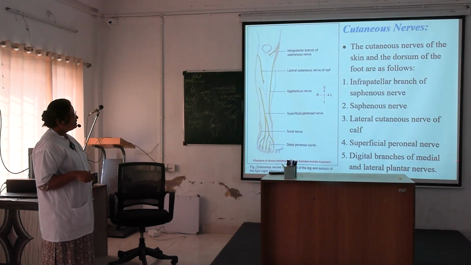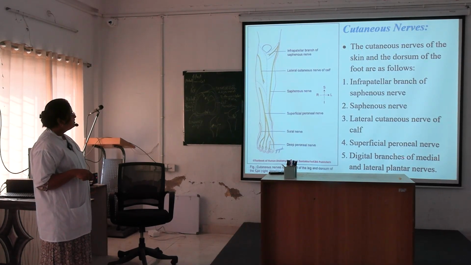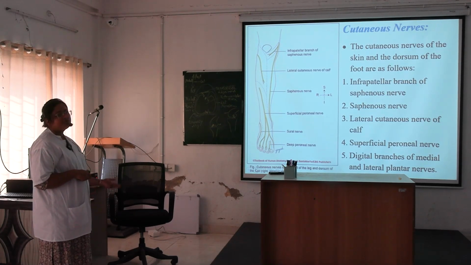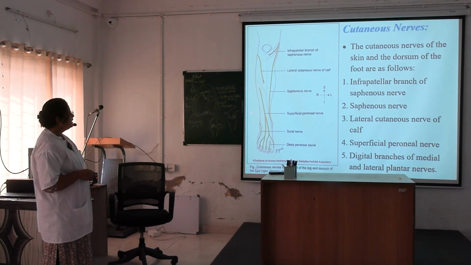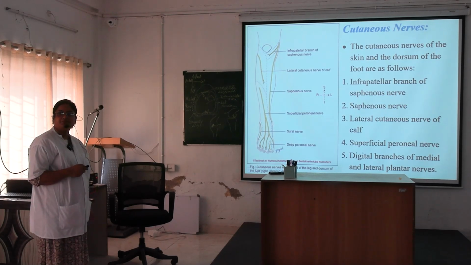Digital branches of medial and lateral plantar nerves are supplying this part near the tip of the toes, coming from the sole of the foot. And this lateral part is supplied by the sural nerve. So this is the cutaneous supply of leg and dorsum of the foot. Understood?